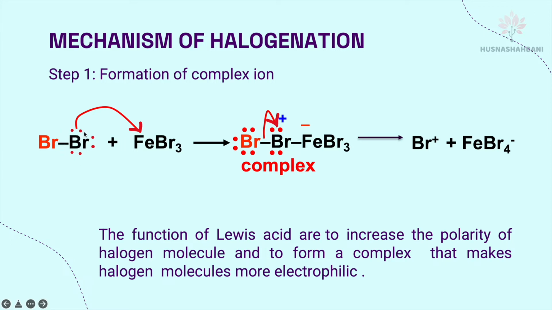So in order for this Br to form Br plus, this FeBr3, the catalyst, is required to increase the polarity of this Br2 to form complex that makes halogen molecule more electrophilic.